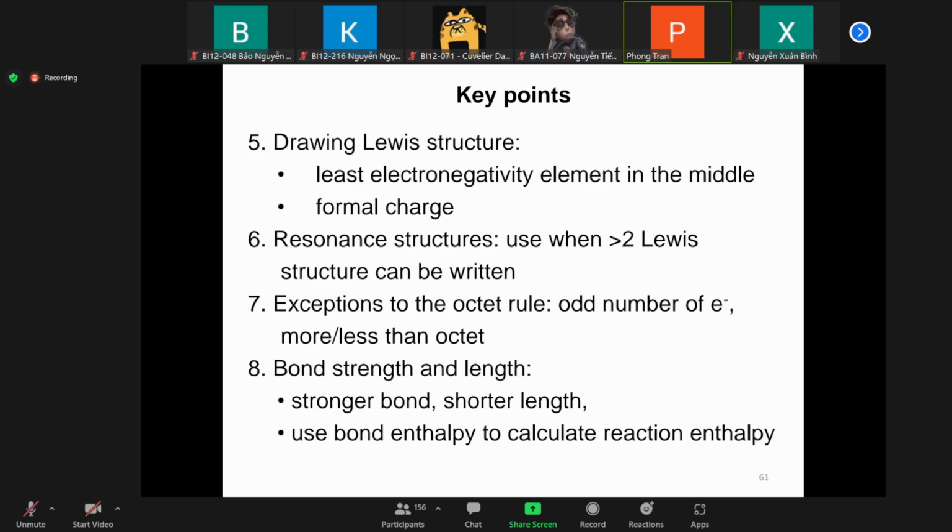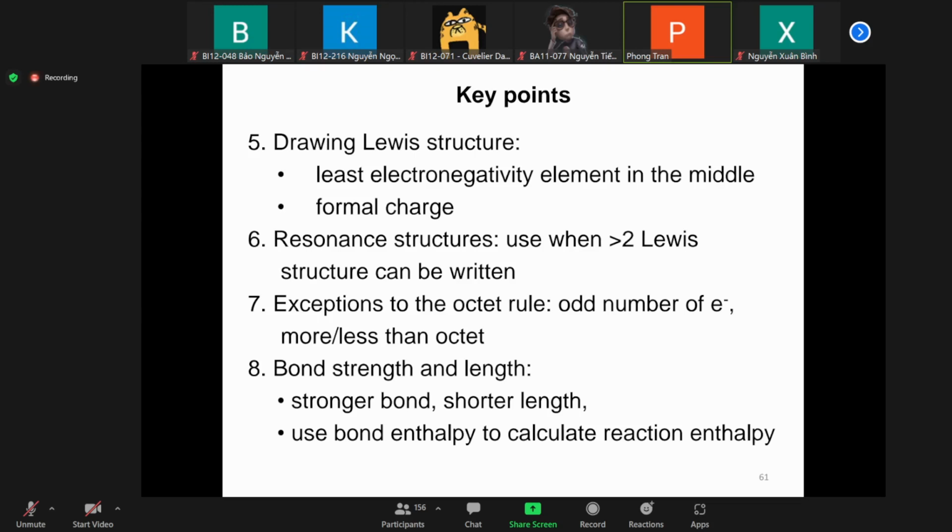In the case of more than 8 electrons, normally the atom will be in the third row or below, that means the third, fourth, and fifth rows of the periodic table. Because in that case, the atom will have d orbitals, and instead of satisfying the octet rule with 8 electrons, you can accumulate up to 18 electrons because you have 1 s orbital, 3 p orbitals, and 5 d orbitals.